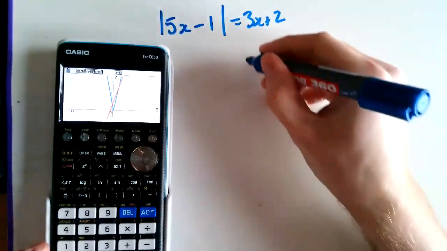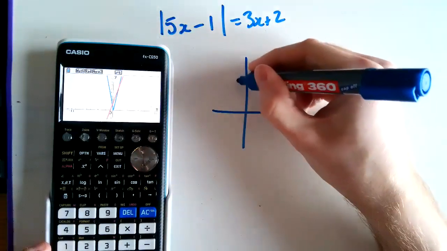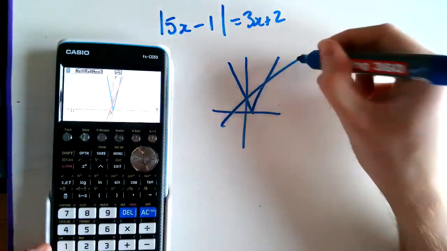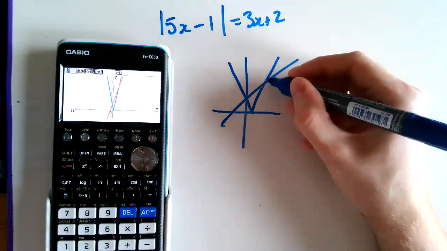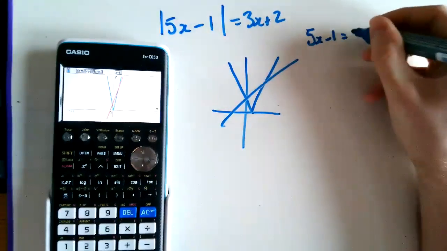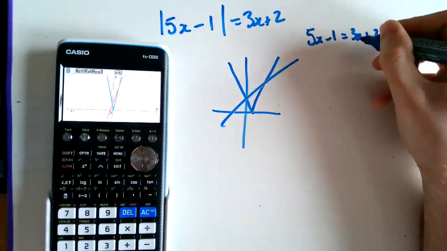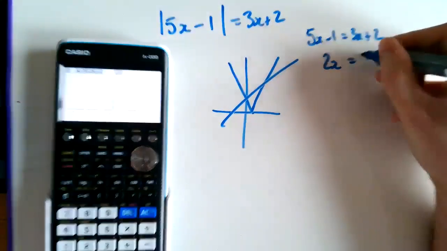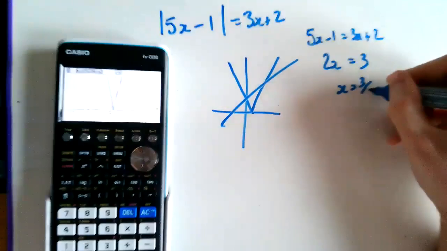So I've got something that looks like that, and something that looks like that. So this one here is the positive branch. So I'm going to do 5x minus 1 equals 3x plus 2, and I'm going to solve it. So I'm going to take a 3x to that side and plus the 1 to that side. So x is 3 over 2.